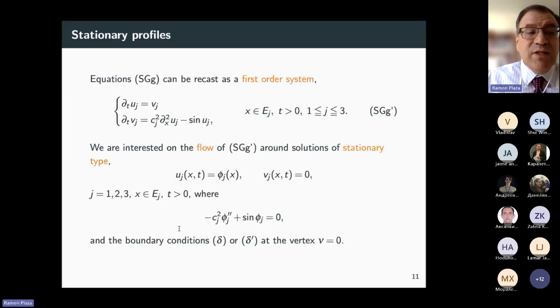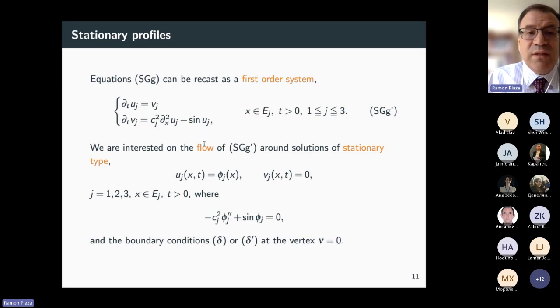Now, we are interested in stationary solutions of the sine-Gordon model posed on a Y graph. So these actually are stationary solutions of kink or anti-kink type, which are the usual traveling wave solutions for the sine-Gordon equation on the whole real line. So you can recast the sine-Gordon model as a first-order system via the standard change of variables. v_j is going to be the derivative of u_j with respect to time, and then you have this evolution equation for v_j.